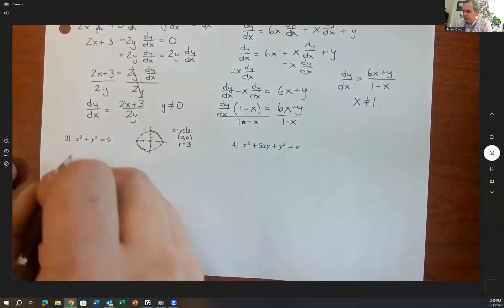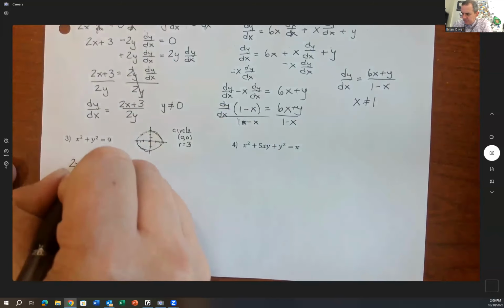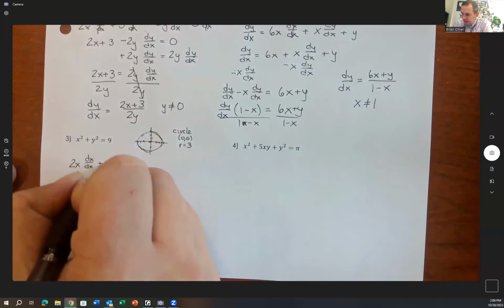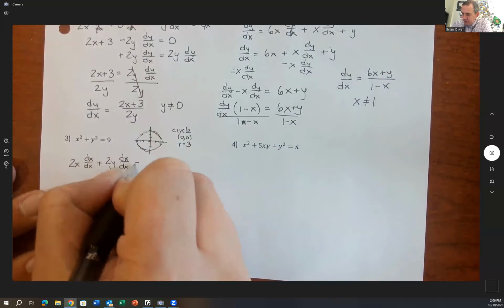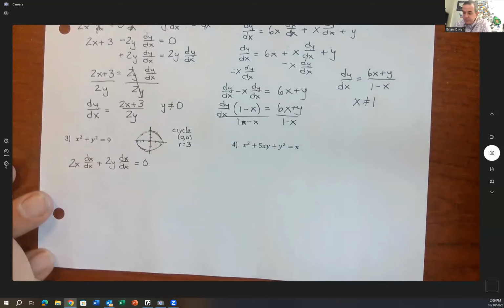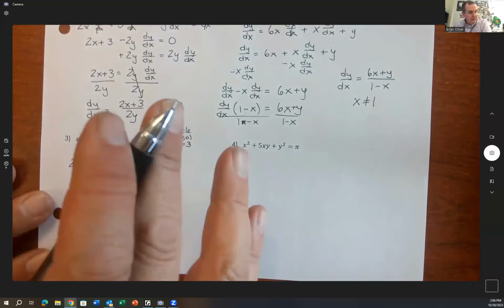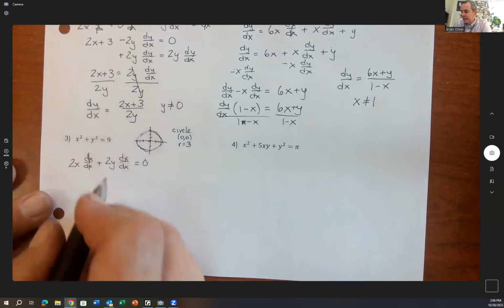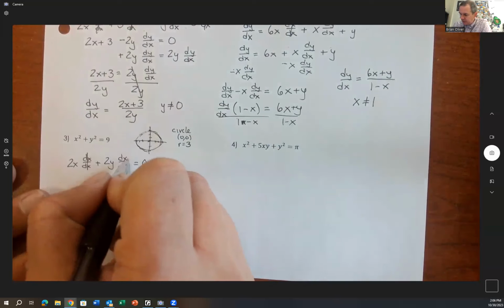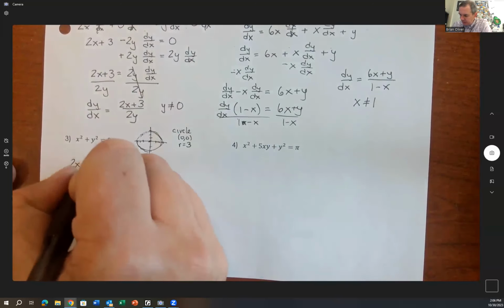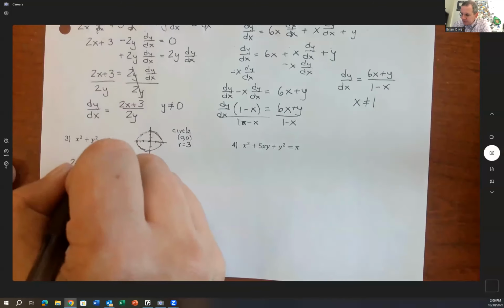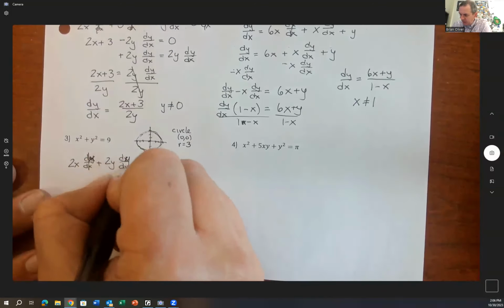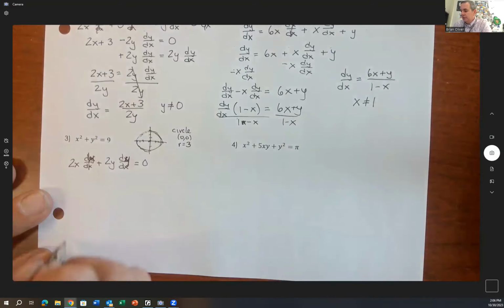Okay, so now we're going to do our derivative. So this becomes 2x dx/dx plus 2y dy/dx equals the derivative of 9, which is just 0. We want to get the dy/dx's on one side and the non-dy/dx's on the other. So 2x dx/dx, and this is 2y dy/dx. dx/dx is 1, so that cancels out.